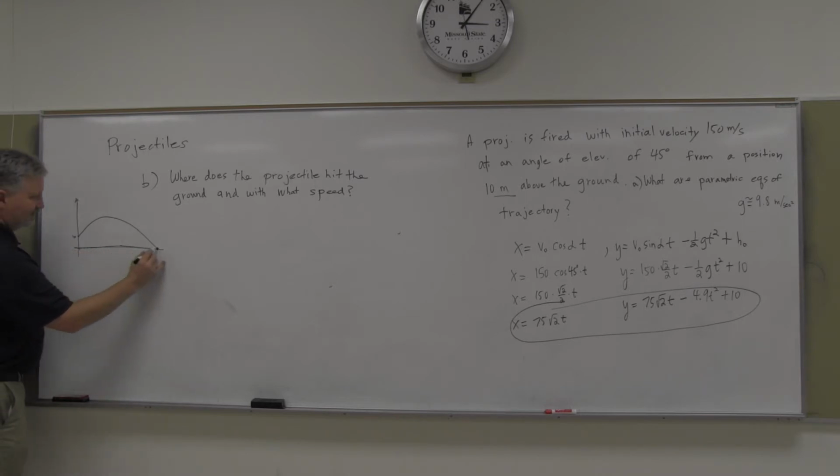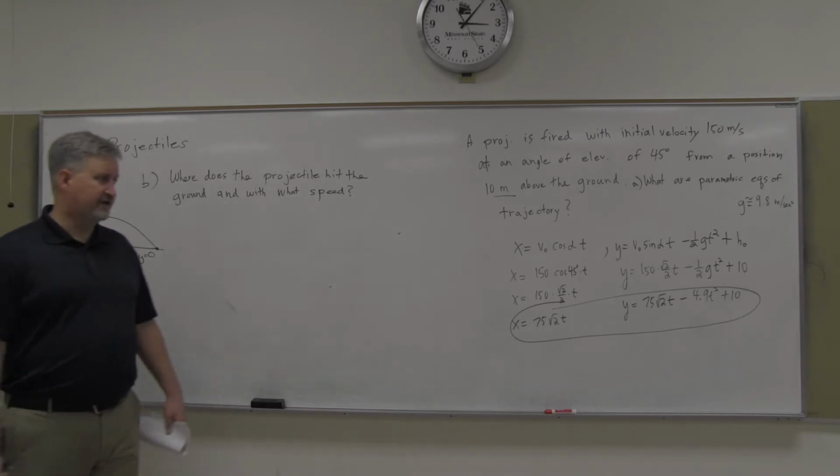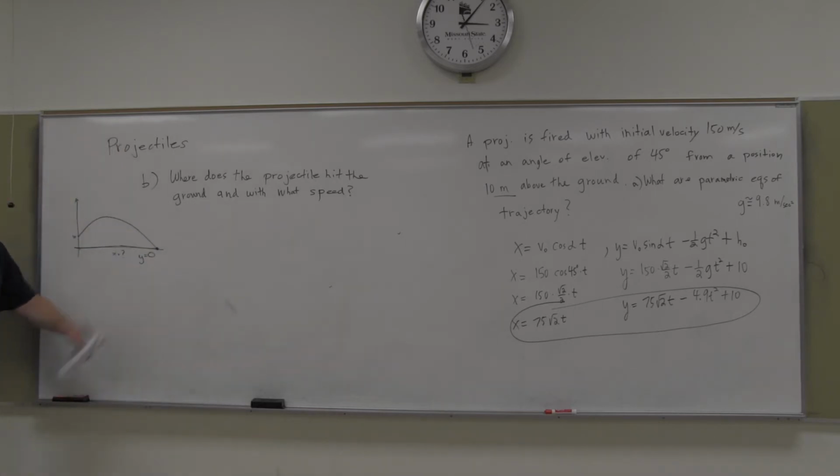So basically, what I'm trying to figure out is the x value, how far out it is. And what about the y value? The y value, we definitely know, is 0. So we're looking for the x value when y is 0, for the projectile to hit the ground.